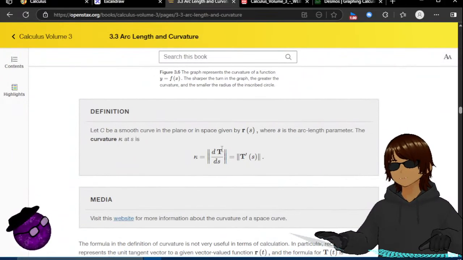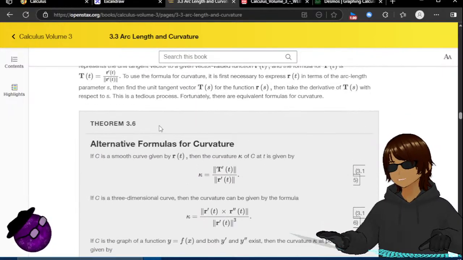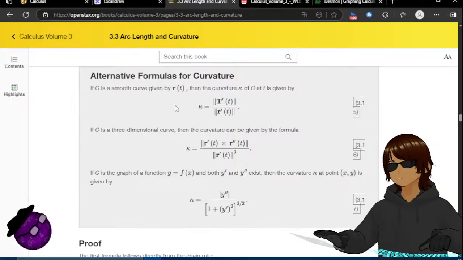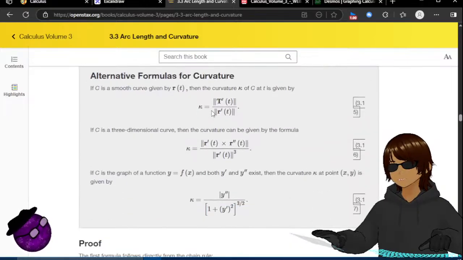So we can define curvature like this. If C is a smooth curve given by r, then the curvature K of C at t is given by this: the derivative of the unit tangent vector divided by the derivative of r.